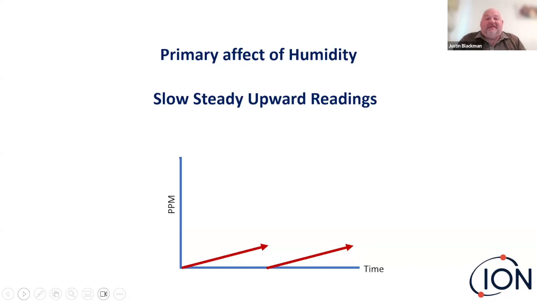This is a known problem with PIDs and humidity. And for a long time, the industry was told, oh, too bad, that's what PID does. The only thing you can do is send your instrument in to be serviced. The service company would take apart the detector.